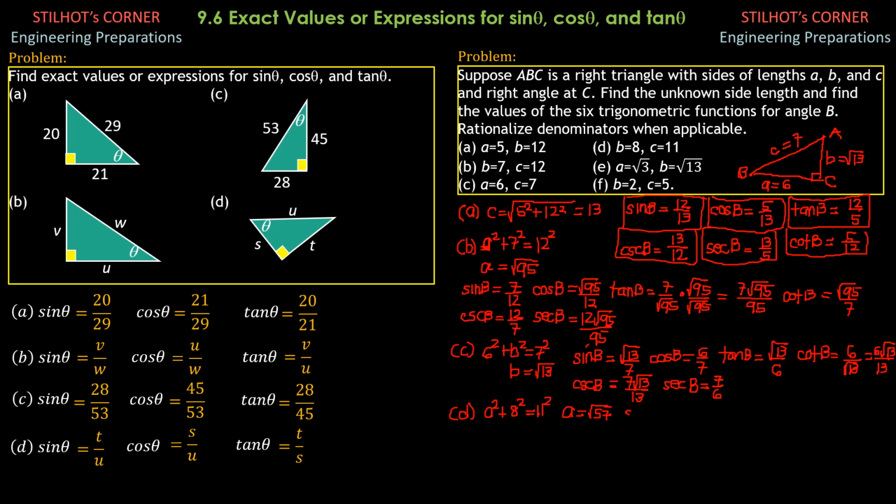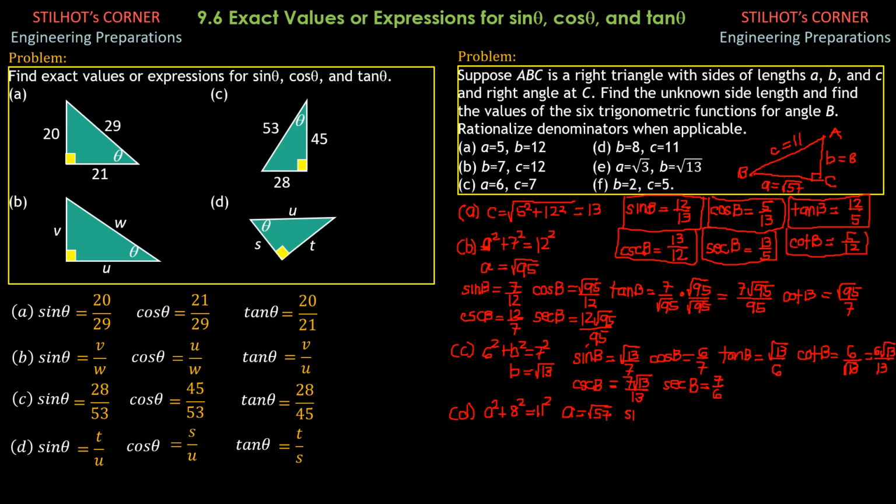So we replace again the elements. A is square root of 57 as our guide. B is 8 and C is 11.